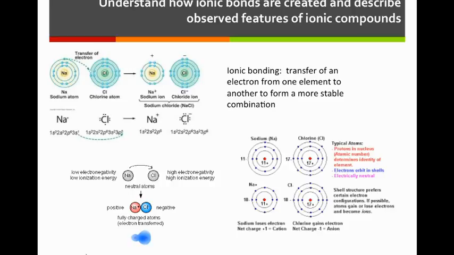Now, we show this in shell structure form, but sodium and chlorine are still involved in an unequal sharing. Sodium has given up its electron, but it still remains sodium. But now it's a sodium ion.